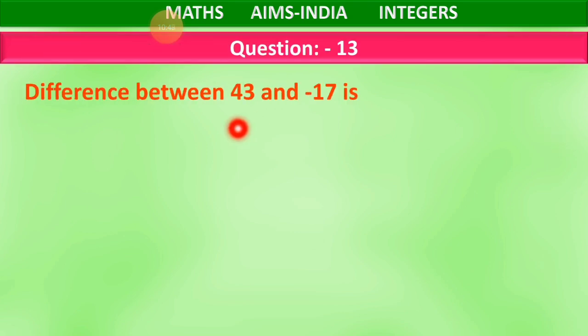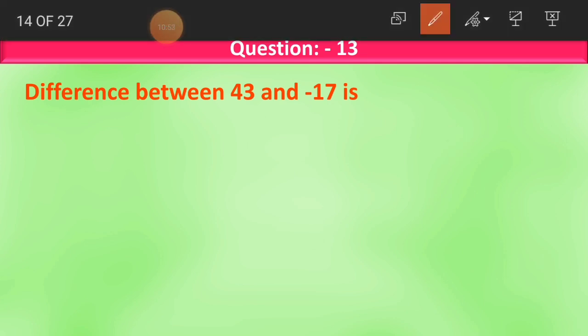Difference between 43 and minus 17 is, again, I'm seeing still a few students are having a little confusion between how to add and subtract integers. The reason why I took such a long class yesterday was that integers are a very important class. See, how to add, subtract and multiply, divide integers, you should know it perfectly. They form the base for solving many complex problems in your higher studies.